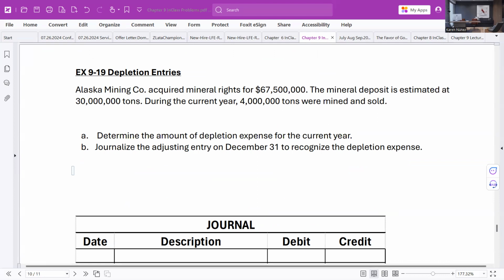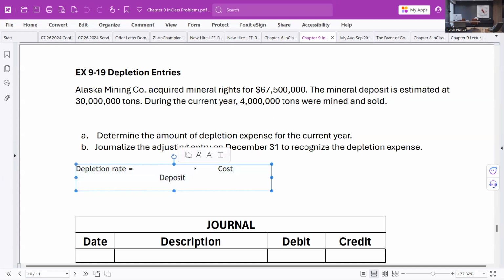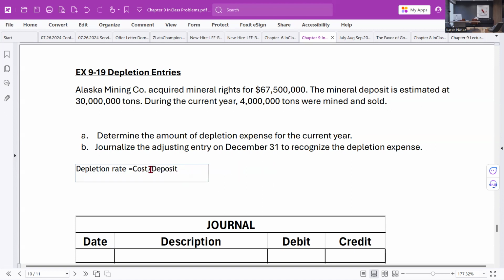The depletion rate is, for our purposes, cost spread over the amount of the deposits in that natural resource. That cost spread over the deposit gives us our depletion rate.